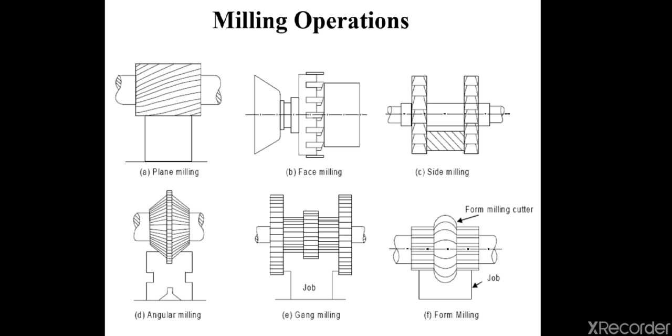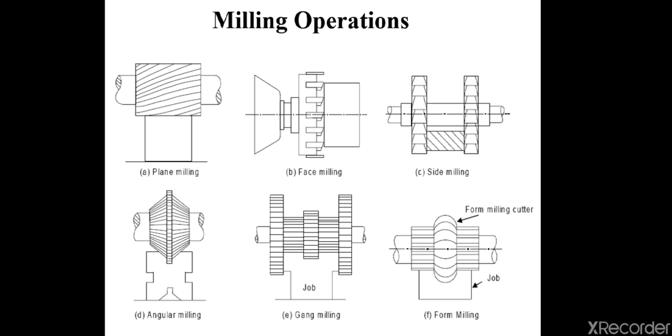This operation is called slab milling and the cutter is called a slab milling cutter, which is shown in figure A. When manufacturing a plane or horizontal surface on the workpiece, this plane milling operation can be performed. At that time, the cutter is mounted on a horizontal arbor.